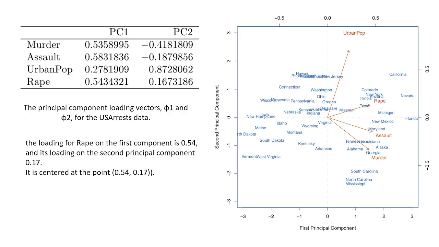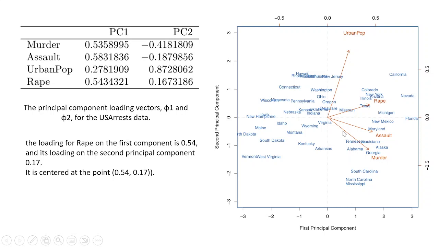So the principal component loadings for each of these three crimes and also for the urban population are given by this. So we can see that murder is centered at 0.53 on the x-axis, which is somewhere there.